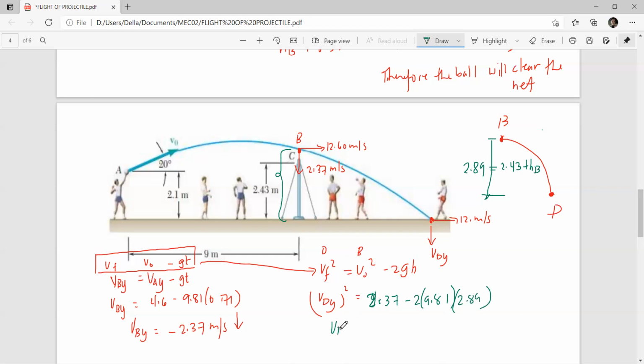So when you compute that, this is VDY equal to 7.90 meter per second.